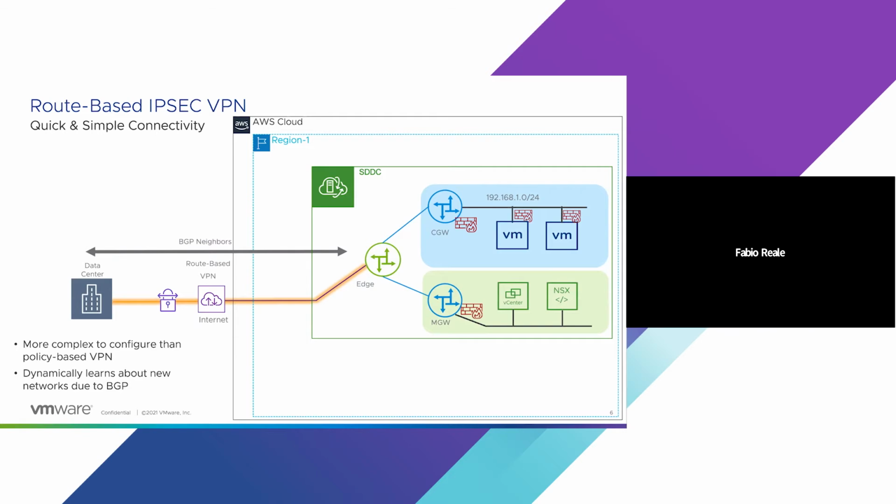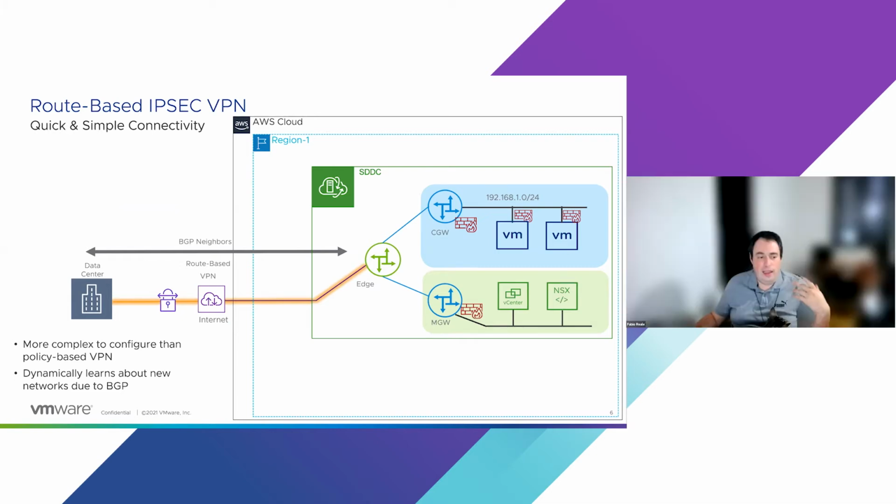So route-based VPN, again, if you don't have a Direct Connect, you can always reach your SDDC using a VPN. So that's just another way to reach your SDDC. With the route-based VPN, you can leverage BGP, so you can establish connectivity, announce all the routes, and learn all the routes from your SDDC.